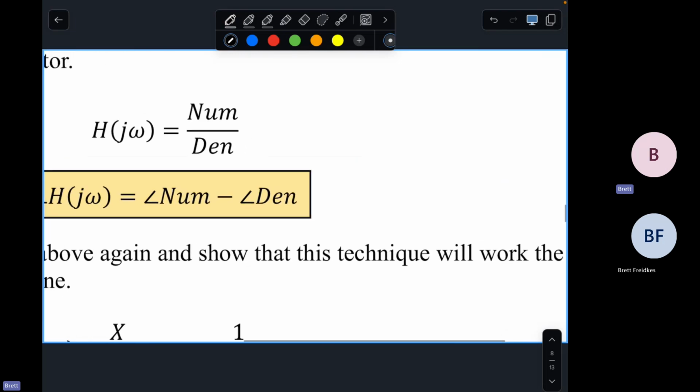So again, if we do the same problem or something similar, let's say we do the same thing. I don't ask you this in the homework. Let's just say it's something like this.